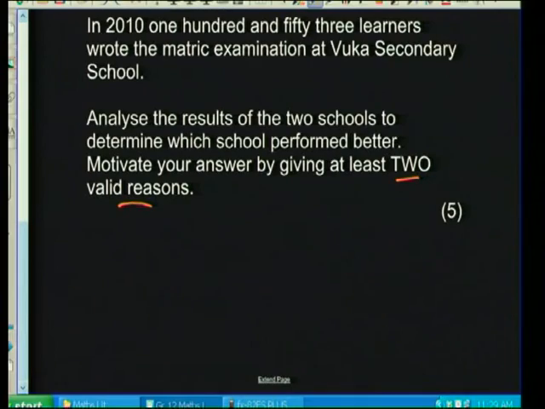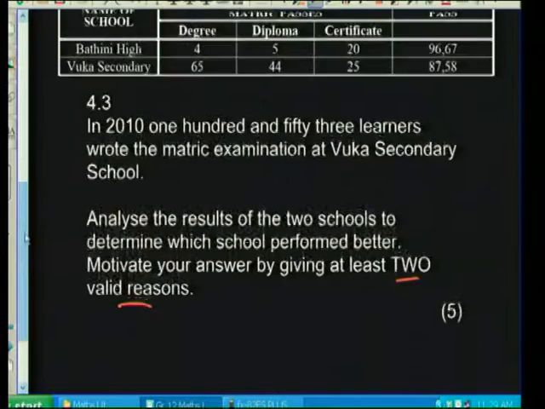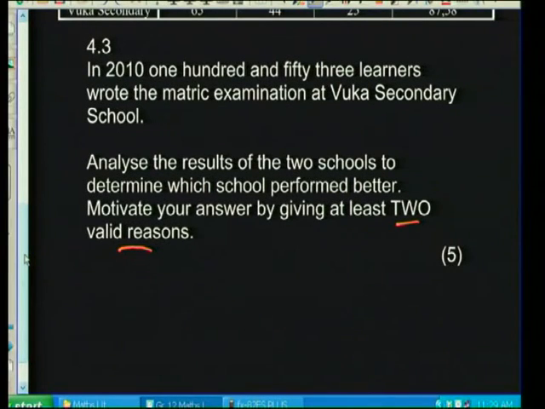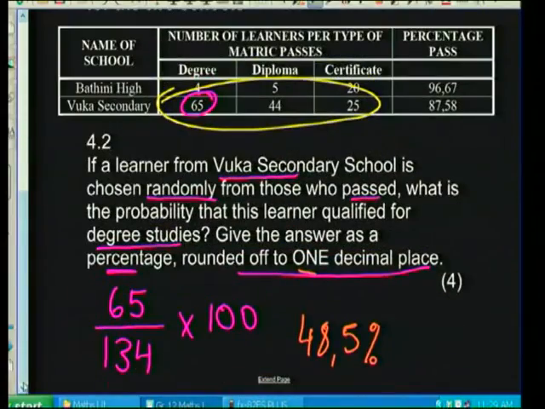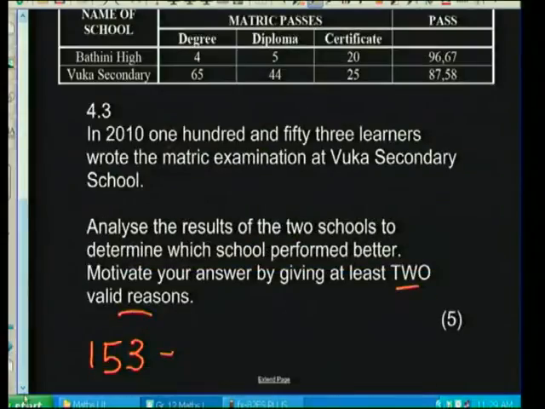We can, and always when you're using these, I want you to use your numbers. So I'm going to actually work out how many failed at Vuka High School. That's going to be one of the calculations that I have. So I know that there are 153 learners that wrote. I also know that just now I calculated that there were 134 learners that passed.